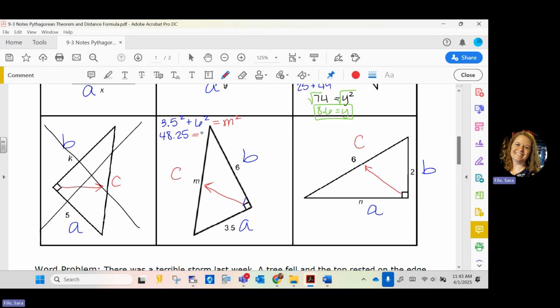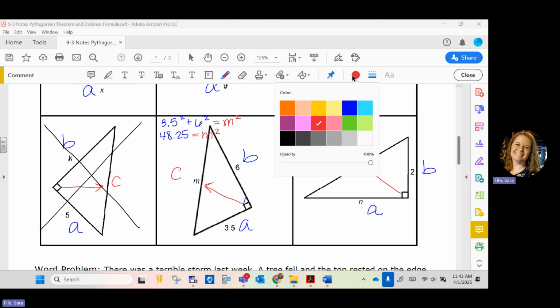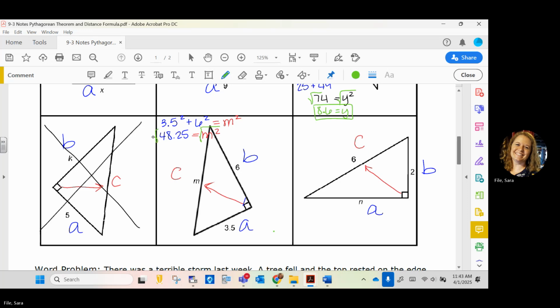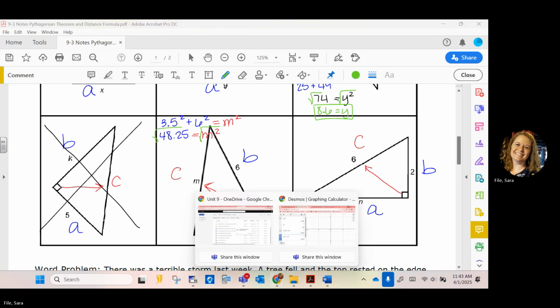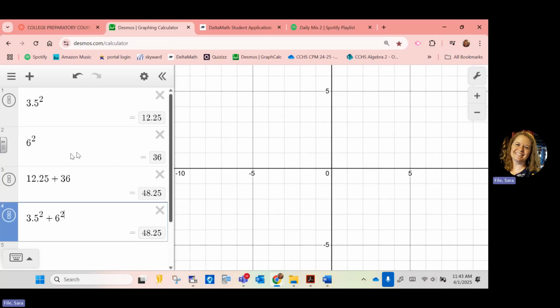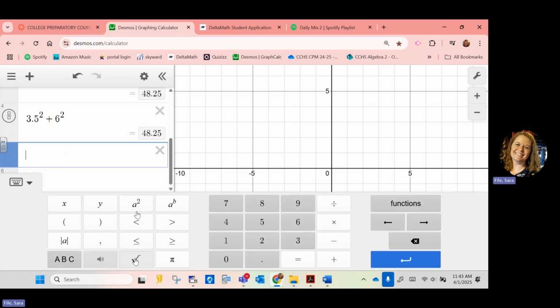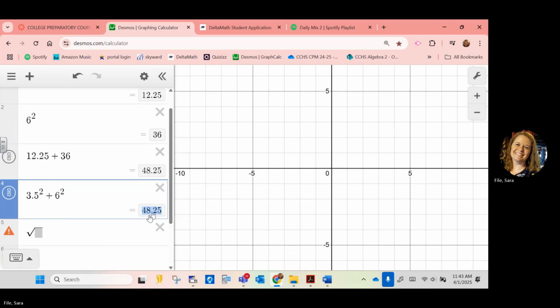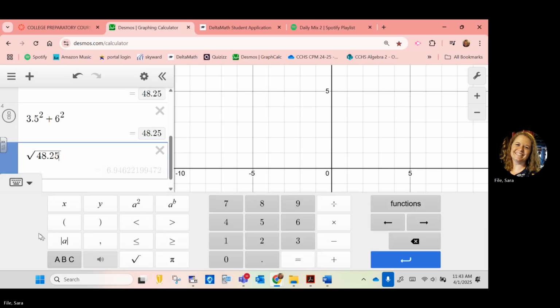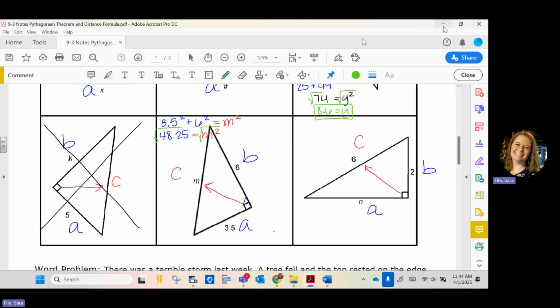And then we have to get rid of the square by taking the square root. You can type it in Desmos, or you can also copy and paste, so whatever you prefer to do. Now this one, I would look here at the 4. The 4 does not round the 9 up, so this is going to stay 6.9.